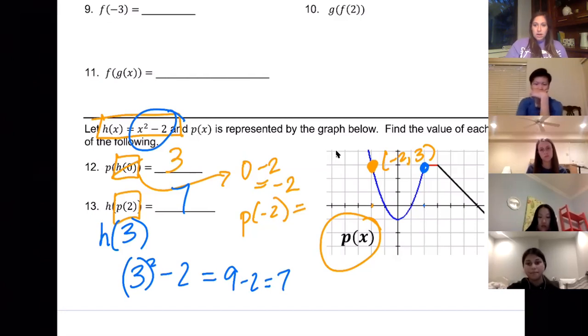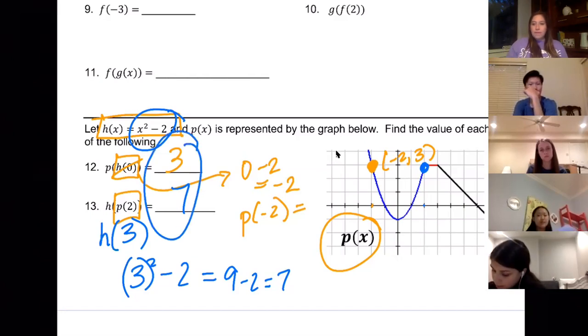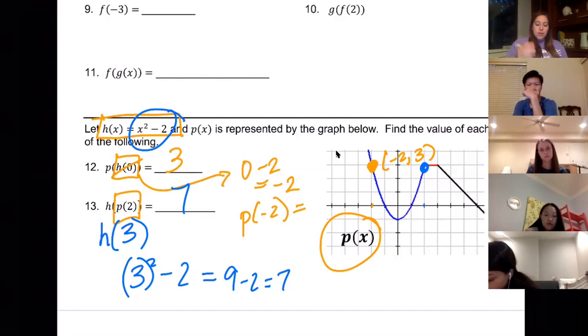Miss McKinley, if it gives something like this, how do you know whether it's x or y, and how do you know if it's vertical or horizontal? Because it's giving you a number in parentheses, and the number that is in parentheses represents your x value. So the number that you report is your y value.